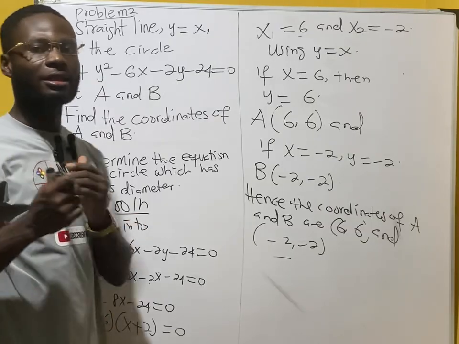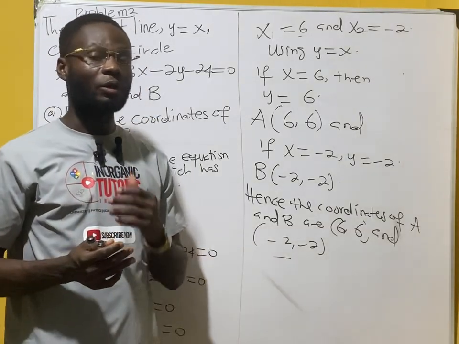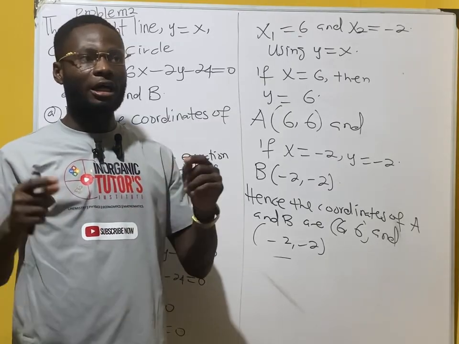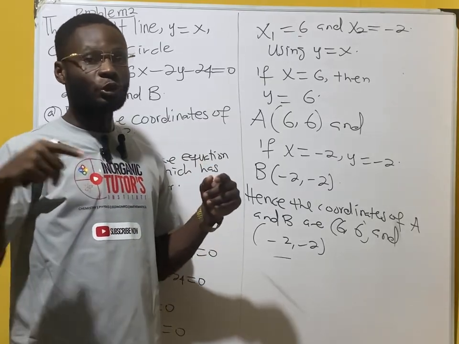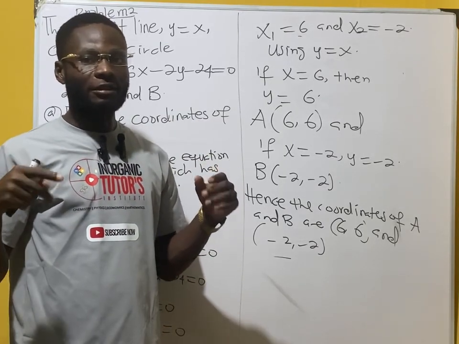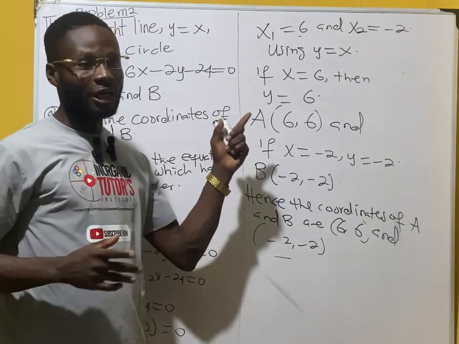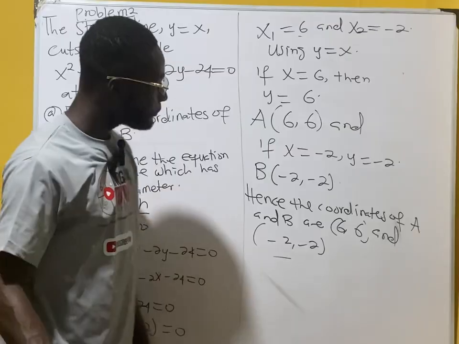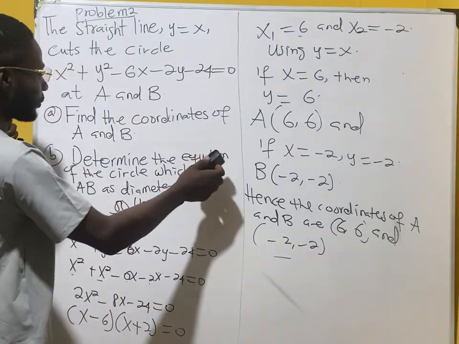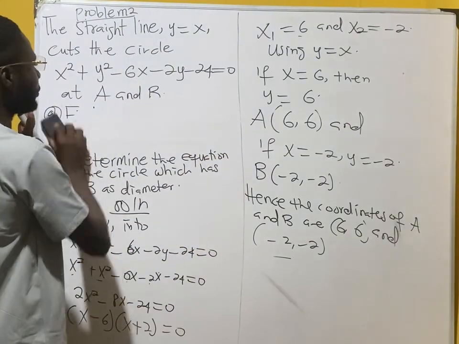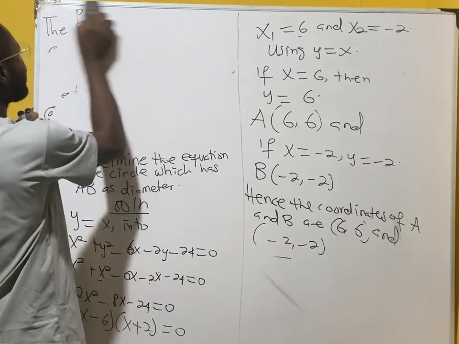Okay, so we know what a diameter is. You know that when you draw a circle and you join two radii, it becomes a diameter. So let's try to erase the question. We take off the question from here.